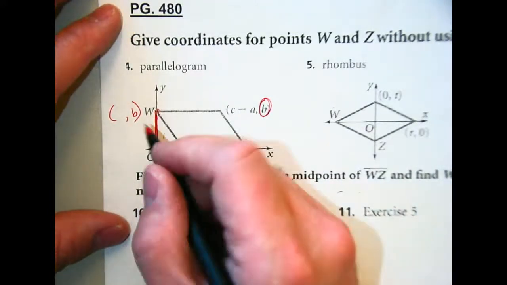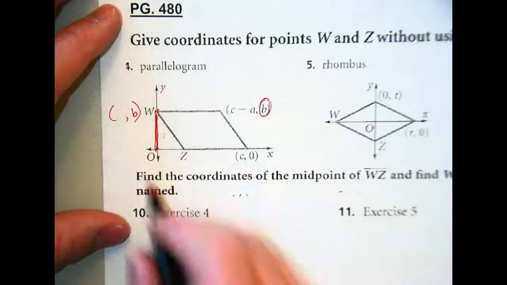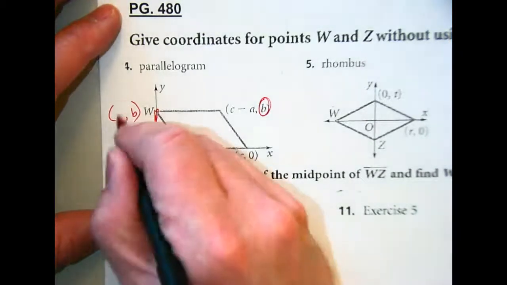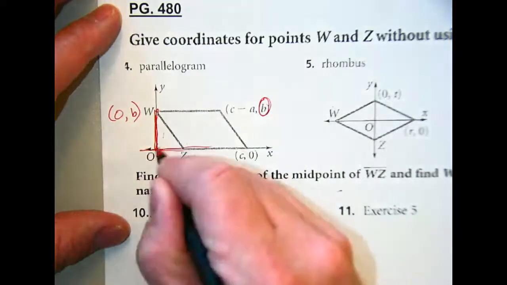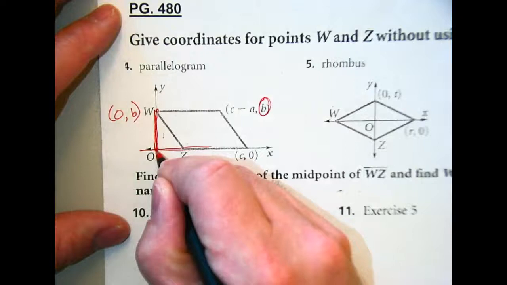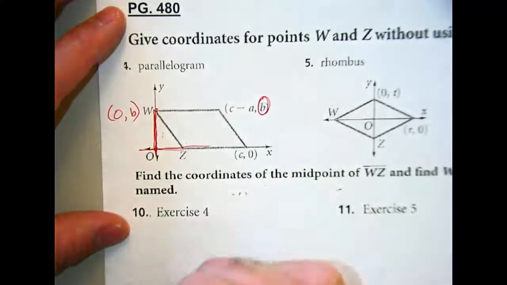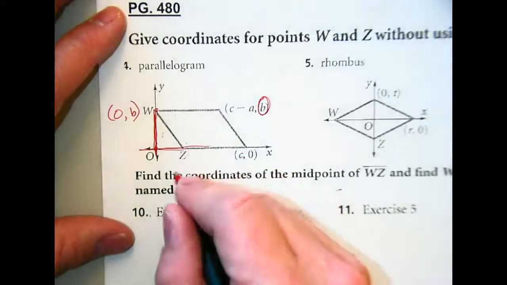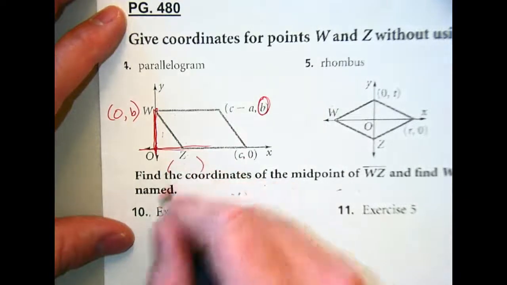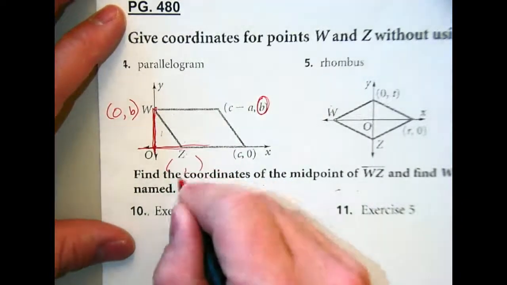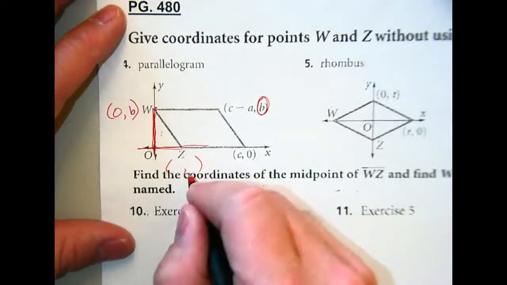Where are you on the x-axis? You're at 0. You don't move from the origin and you go up B. How about Z? What's the easy point to figure out? You're at 0 on the y-axis.